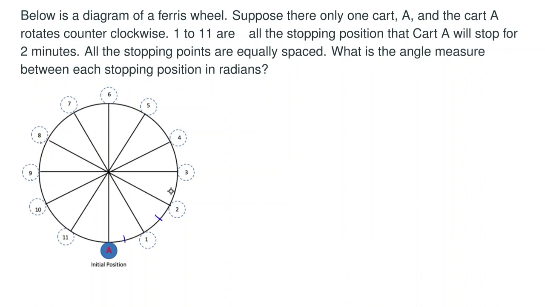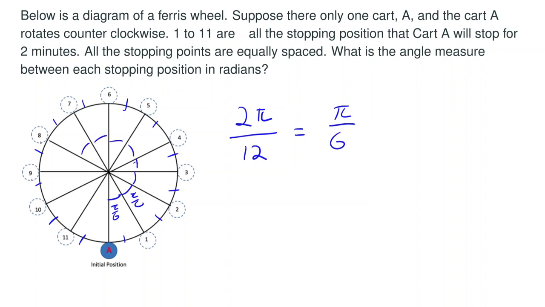We have 1, 2, 3, 4, 5, 6, 7, 8, 9, 10, 11, 12. So there are 12 equal spaces, and we know the entire full rotation angle is 2 pi. Therefore, 2 pi divided by 12, which simplifies to pi over 6, is the angle between each stopping point. So this is pi over 6, this is pi over 6, all of them are the same, pi over 6 right here. So pi over 6 is the answer.